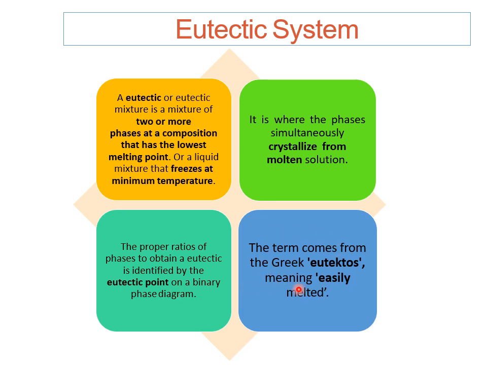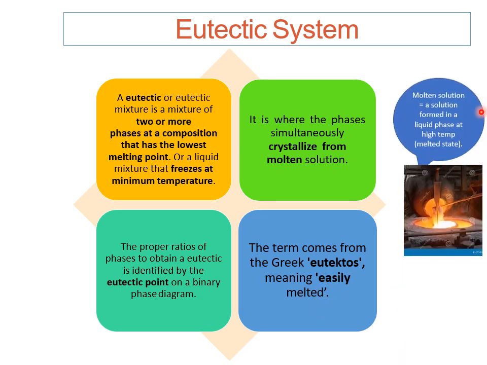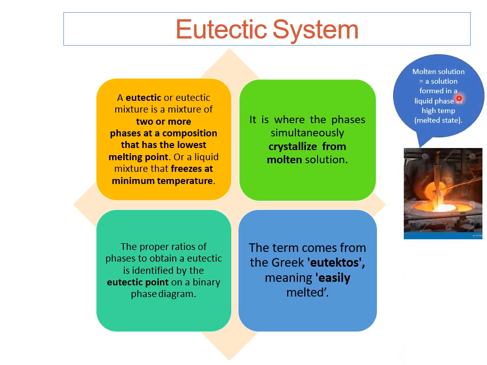The term eutectic comes from the Greek word eutektos, meaning easily melted. A molten solution is a solution formed in the liquid phase at high temperature. Okay, so look at our eutectic system.